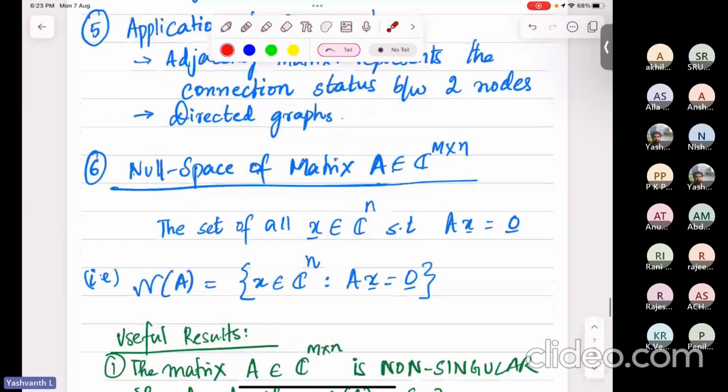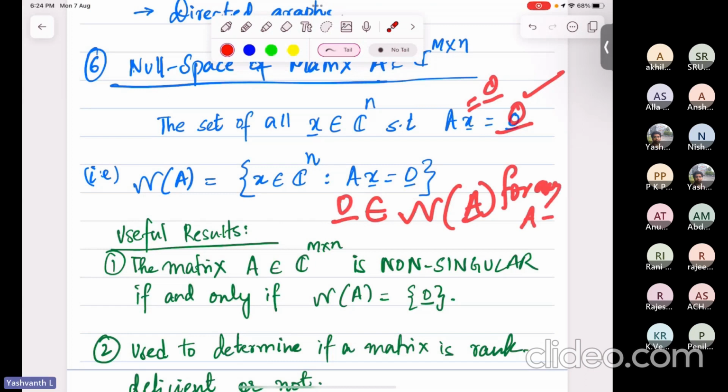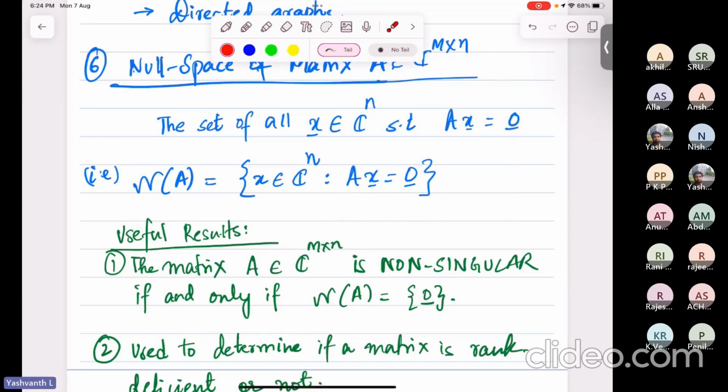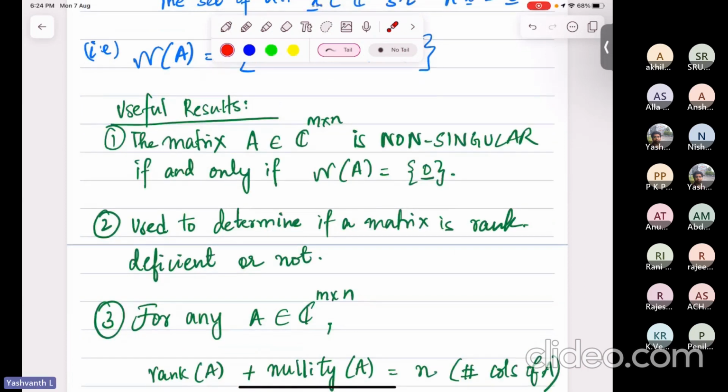If you substitute x equal to 0, A into 0 is definitely 0, so the zero vector is always a part of the null space for any matrix A.